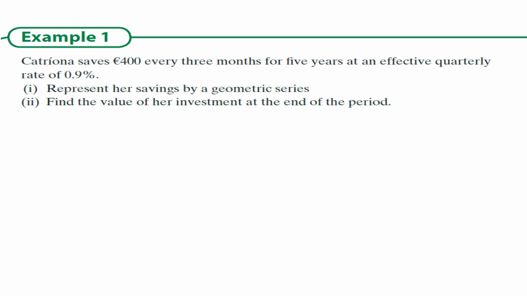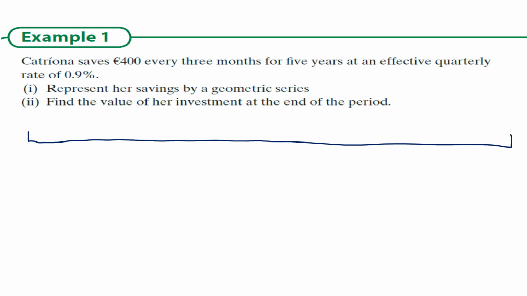Okay, so we're going to draw this out. Here is Katrina. This is 5 years, and she's doing it in quarters. So that could be year 1: 1, 2, 3, 4. And that's year 2: 1, 2, and so on, up to year 5.